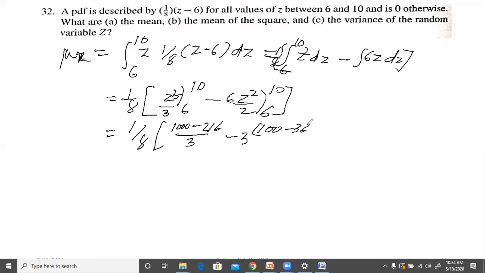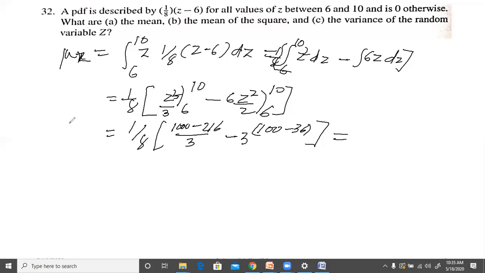I'll put it in a bracket over here. So 3 into this, because 6 by 2 will be 3, and z square will be 100 minus 36 if you put the limits here. So you can solve it and give the value.